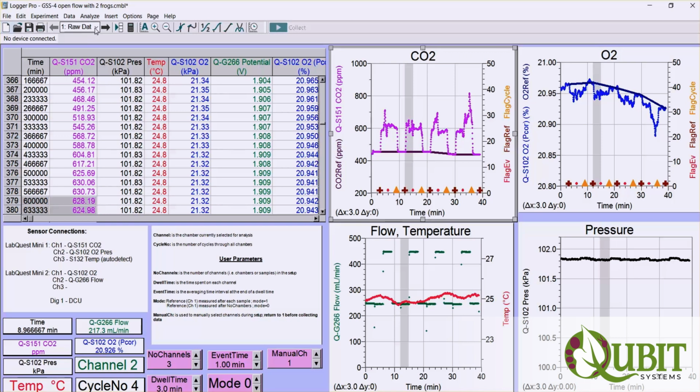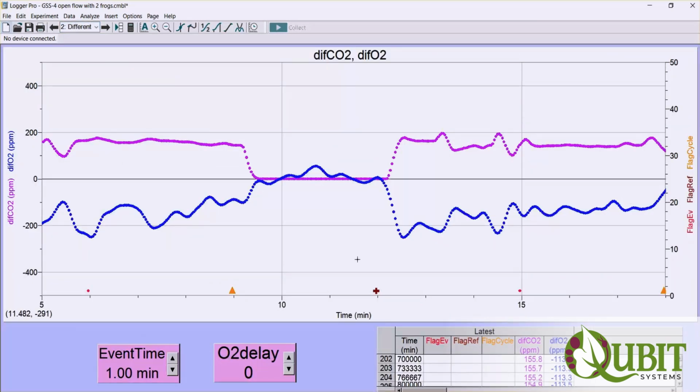And what the event time does is it basically tells the software how much of the data from the point when you switch to the next channel, so at the end of the dwell, needs to be used in calculations, because this software will report a single point for each dwell, which is an average of the event time data.